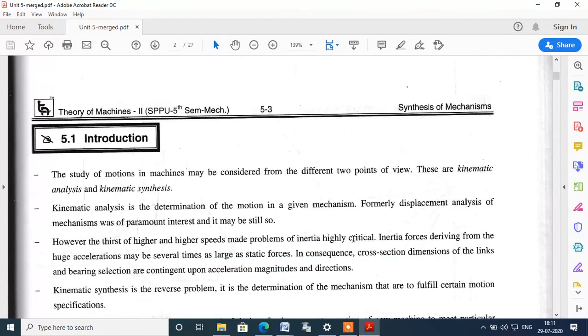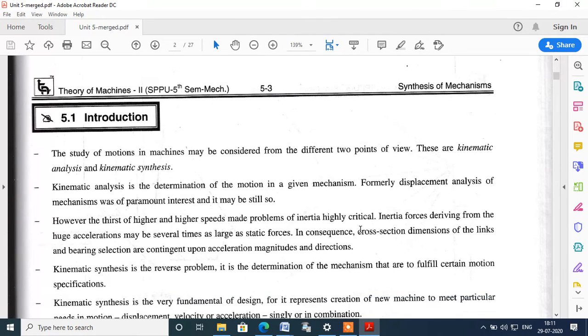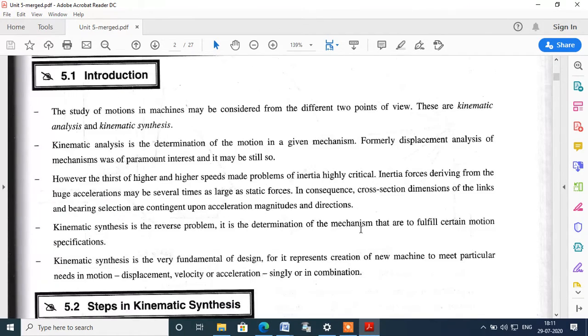So here I already told you that the study of motions in machines may be considered from two different points of view, that is kinematic analysis and kinematic synthesis. Here kinematic analysis is the determination of motion in the given mechanism, that is displacement analysis of mechanism was of paramount interest and it may be still so.